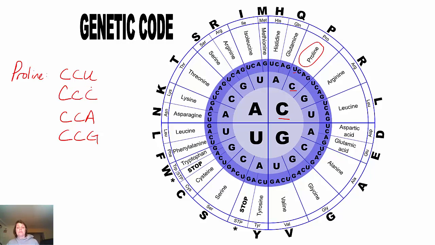What about leucine? Leucine is over here, so I would have CUU, CUC, CUA, CUG, but there's also a leucine over here. So there's actually 6 ways to be a leucine.